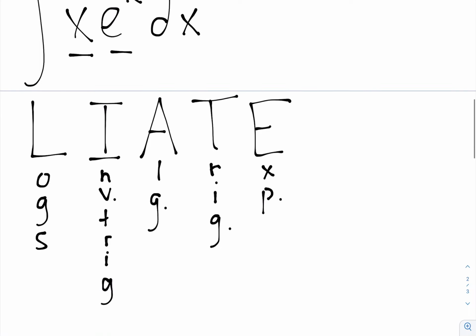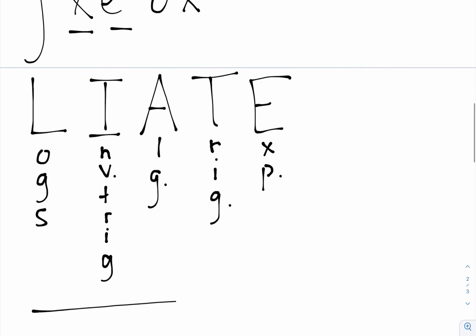Whatever comes first in this list is going to be our u, because as you start from the left and go to the right, it becomes easier to integrate. As you go to the left, it's more difficult to integrate logarithms and inverse trig functions.